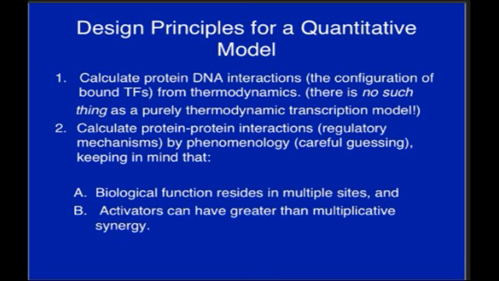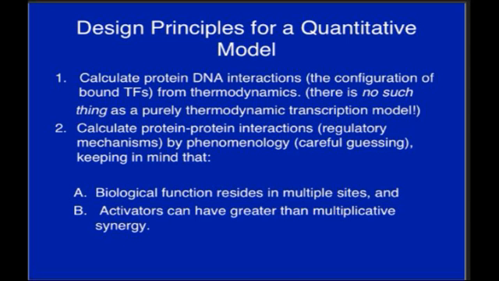If you know the concentrations of transcription factors and you know the DNA sequence, you can calculate the configuration of bound proteins for any set of concentrations of TFs using thermodynamics. And I must point out as a side comment, people sometimes talk about thermodynamic transcription models. Really, there's no such thing, because transcription is a kinetic process.